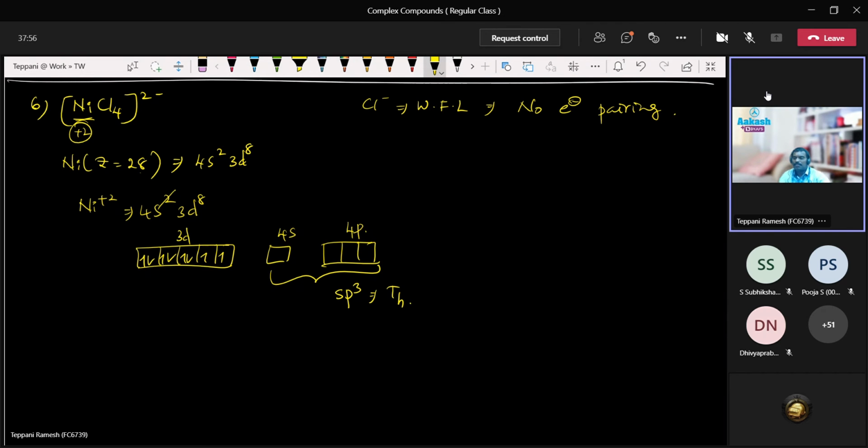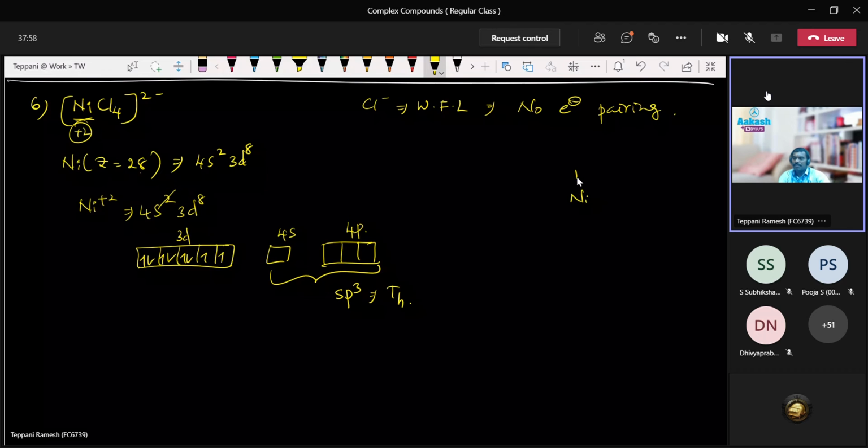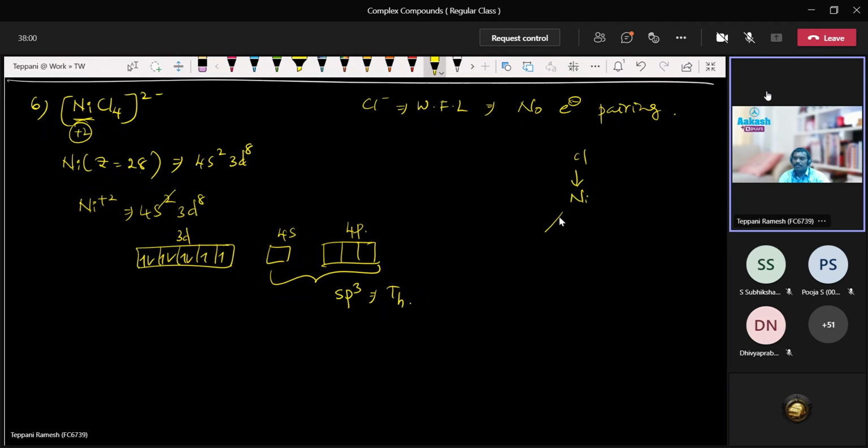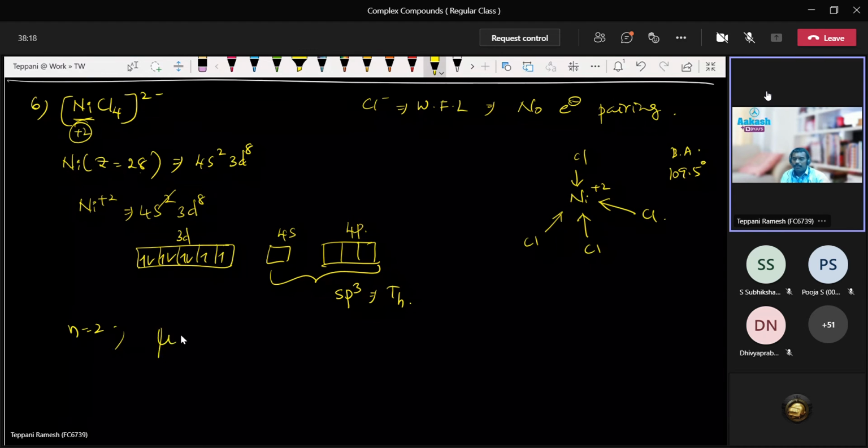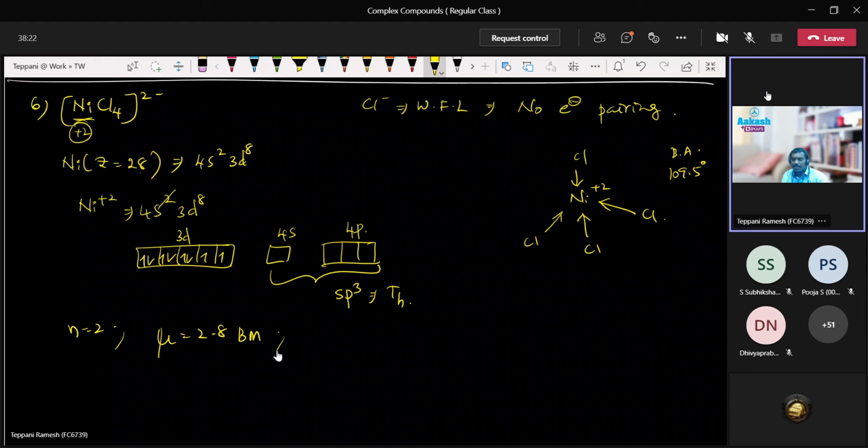Tetrahedral structure, very easily you can write. Bond angle 109.5. n value 2, mu value 2.8 or 2.9 Bohr magnetons. Paramagnetic.